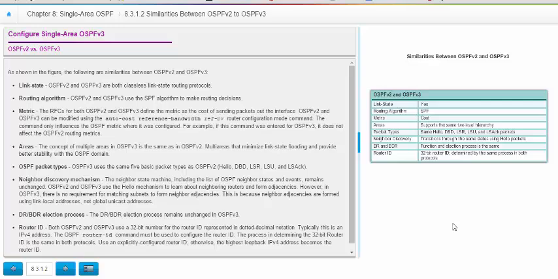Typically, this is the IPv4 address. The OSPF router ID command must be used to configure the router ID, and the process in determining the 32-bit router ID is the same in both protocols.